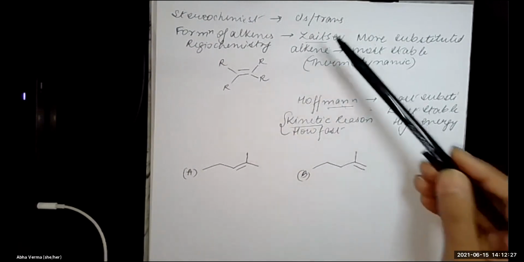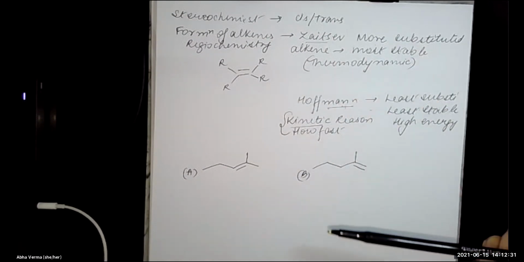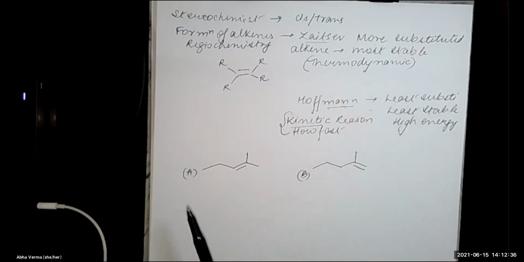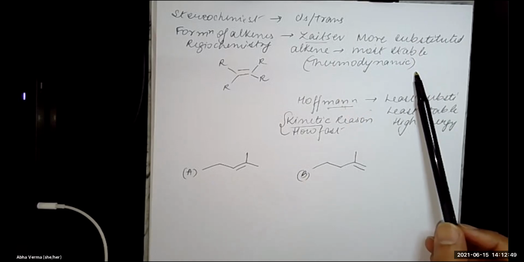So looking back at this, what I just said, Zaitsev is the more substituted alkene, while Hoffman is the least substituted alkene. So I could have made both of these products, but I only make one stable thermodynamic product. What is the structure of my thermodynamic product here?